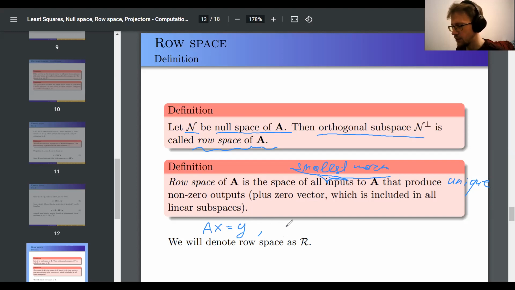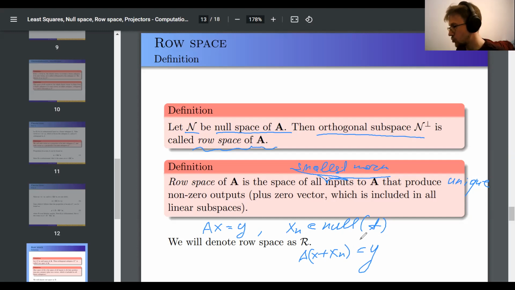But let's say we now have Xn, which is an element of the null space of A. Then A(X plus Xn) is again equal to Y. So this sounds like X plus Xn is also an element of the row space.